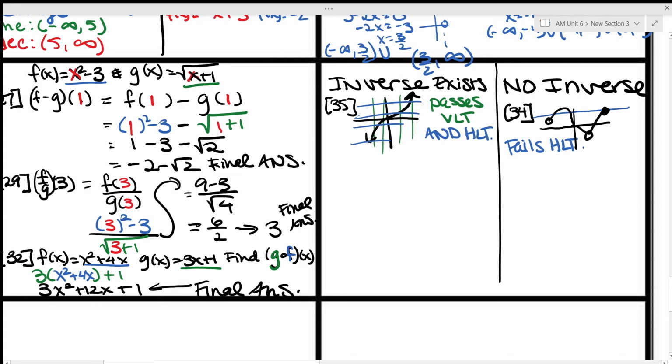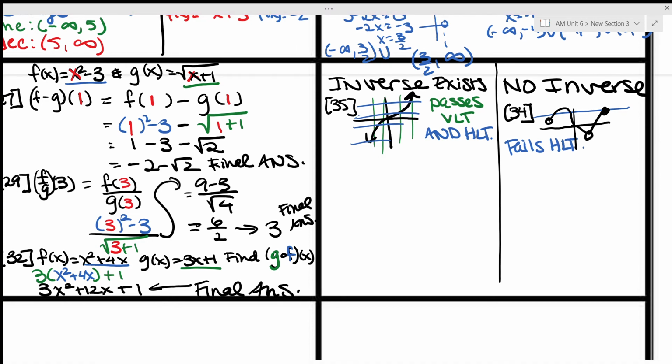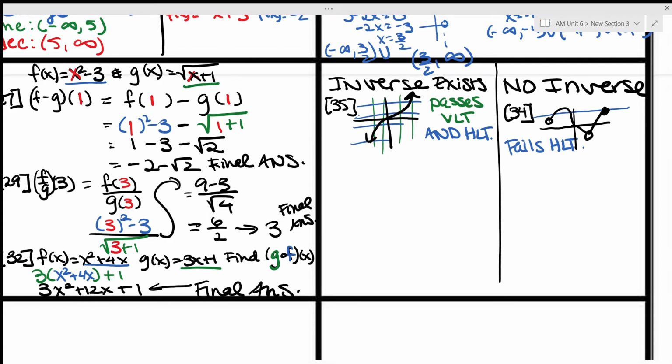Okay, then we get into equations. We have f of x equals the absolute value of x minus 2. Does that one have an inverse? Think about the notes we put in the margin. 36 is a no. Do you guys know why?